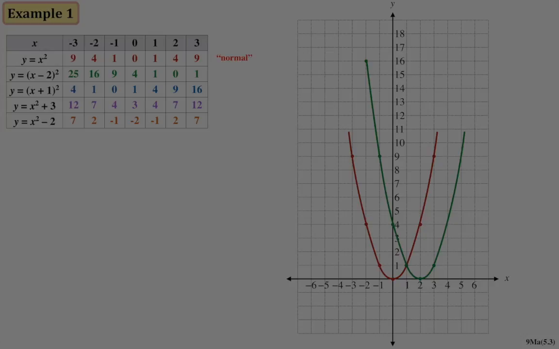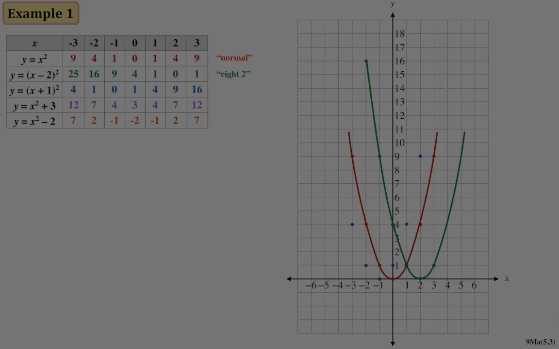You need to continue on and try doing the other ones. I'm color coding them, so you can see I've got red and green and blue and purple and orange. See how you go when you try to plot them. You'll notice the green one has its turning point 2 units to the right of the red one. So I've written here it's right 2 units when I compare it to the normal graph.